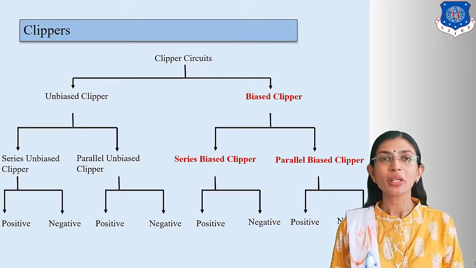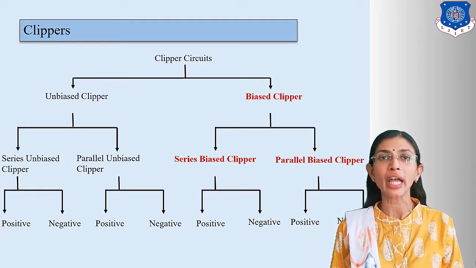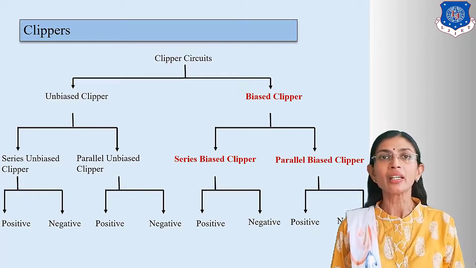As per the position of the diode, we can decide whether it is series or parallel, and according to the direction of the diode, we can decide the type of clipper, that is, whether it is a positive or a negative clipper. In today's session, I am continuing and explaining the topic biased clipper.